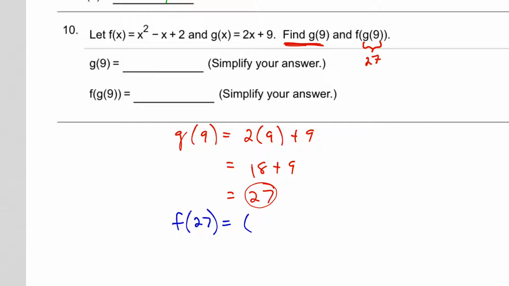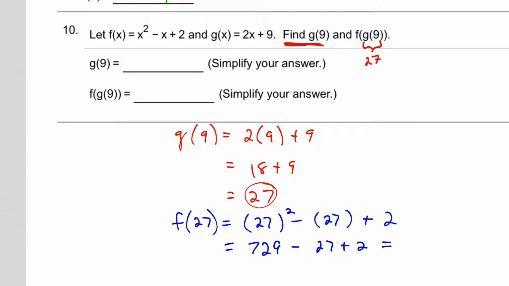And the 27 is x squared minus x, the f of x. So we're going to put that 27 right in here and right in here. Okay, so we have 729 minus 27 plus 2, which all that equals 704.